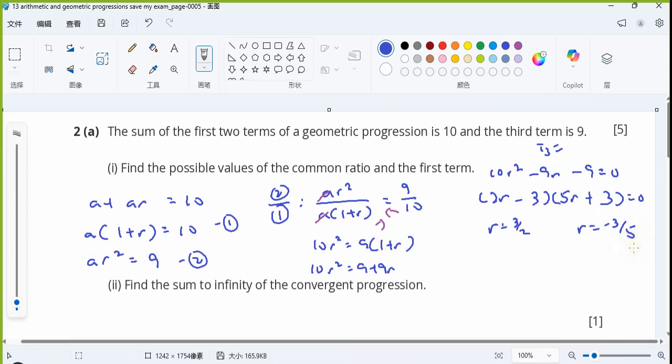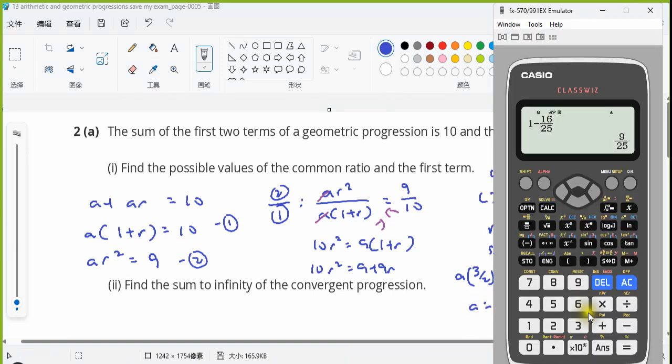Okay. So we want to find the first term. So we sub the value of r into equation 2. We have a times (3 over 2) squared equal to 9, and a times (negative 3 over 5) squared equal to 9.